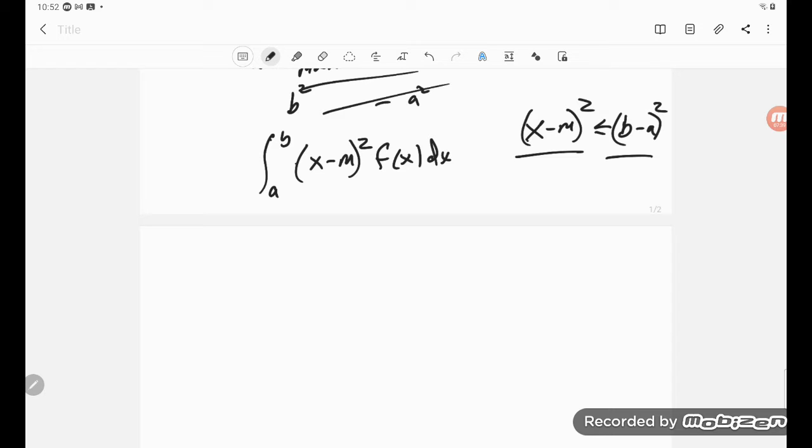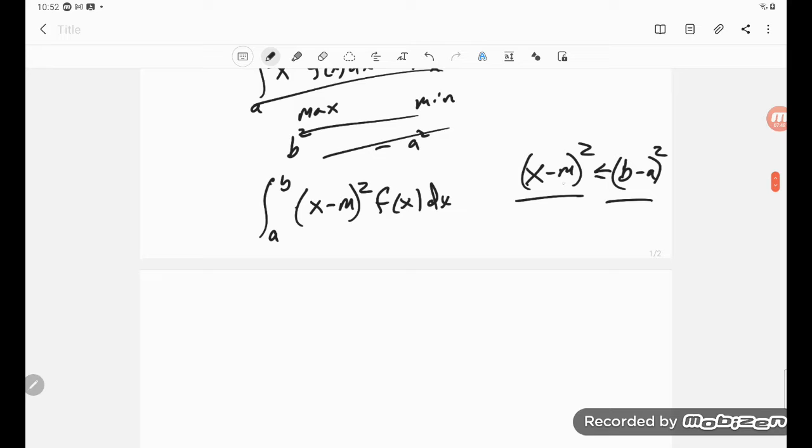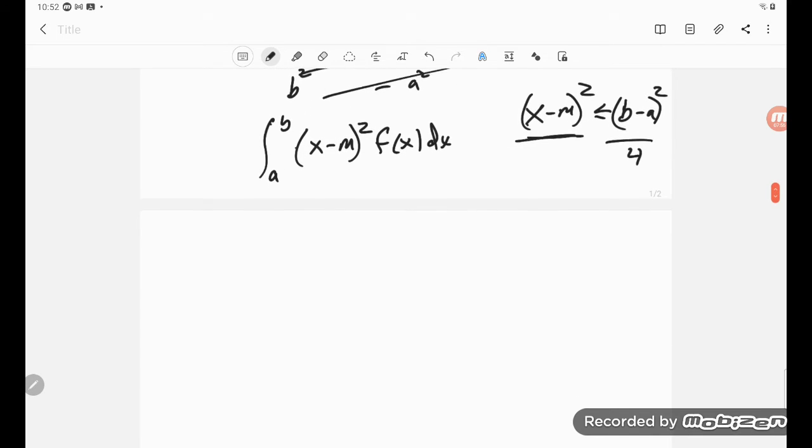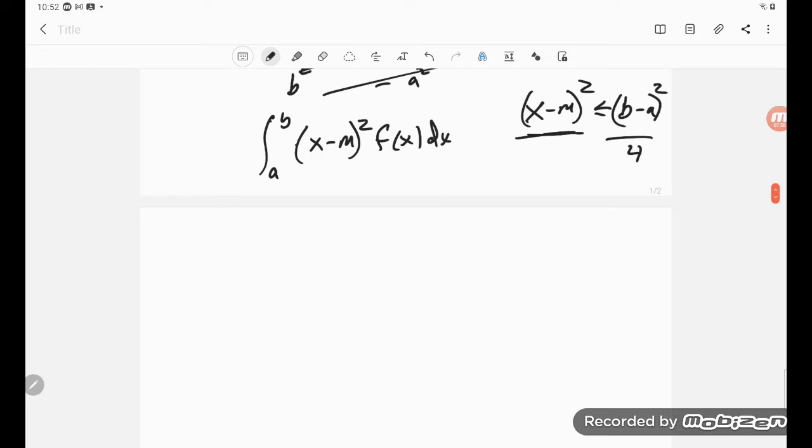Okay. So what we need here is we want that thing to be less than this over 4. And I haven't really come up with an extremely quick way to do that.